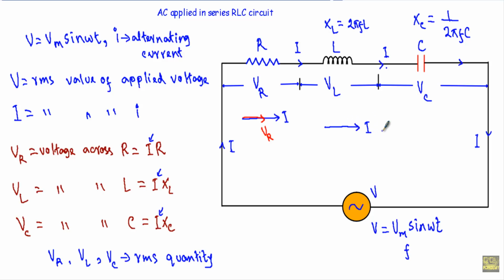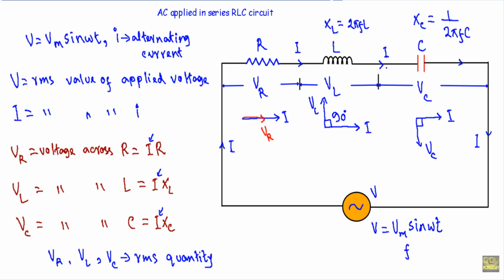In case of a pure inductor, current I lags the voltage across that inductor by an angle of 90 degrees. That means if I take I in this direction, VL will be in this direction, and the phase difference between them will be 90 degrees. And in case of a pure capacitor, if I consider the current I in this direction, the voltage will be 90 degrees lagging from the current.